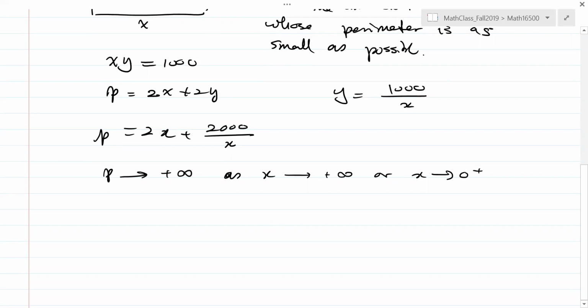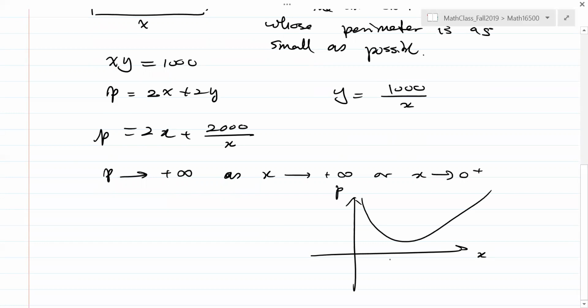If x approaches 0 from the positive side, the second term, 2,000 over x, makes the perimeter approach positive infinity. So if you draw the graph, with perimeter on one axis and x on the other, it looks like that. Clearly somewhere P has a minimum value, and you just need to find such x. Once x is found, you can find y.